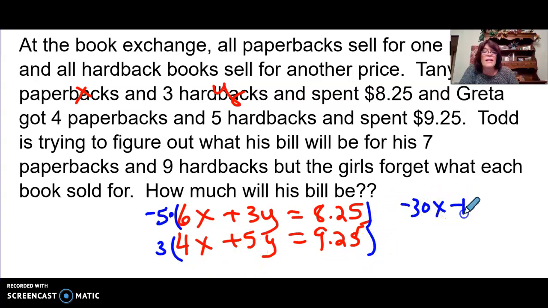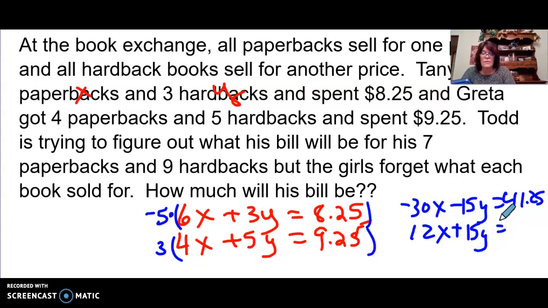So I have -30x minus 15y equals whatever 5 times 8.25 is, 41.25. We'll multiply 3 through. We get 12x plus 15y equals 3 times 9.25, which is 27.75. That's a negative, isn't it? Yeah, -5 times everything.